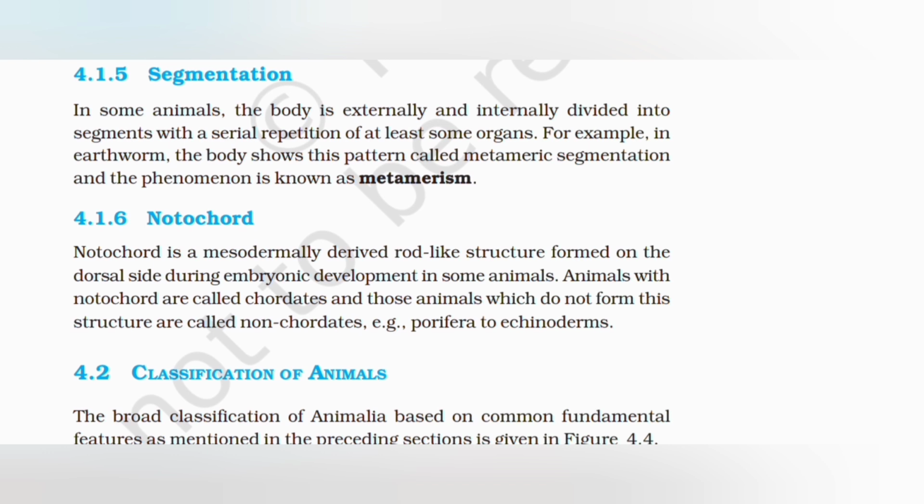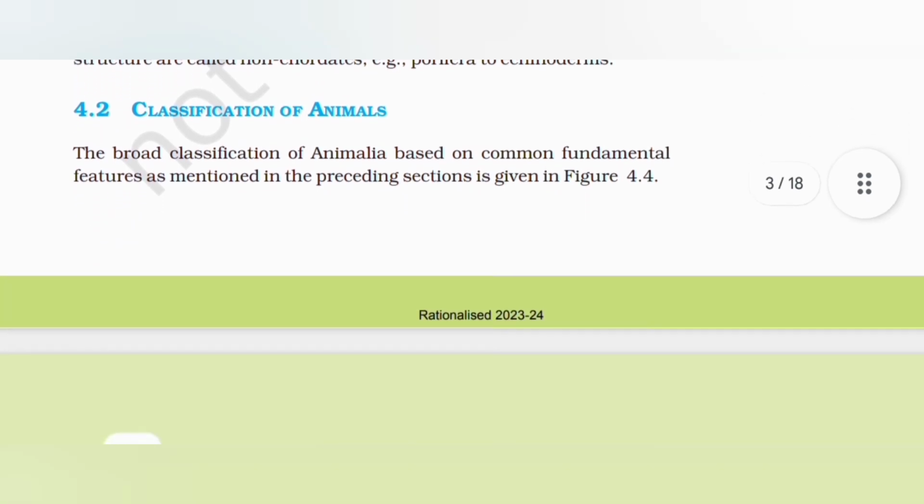Notochord is a mesodermally derived rod-like structure formed on the dorsal side during embryonic development. Animals with notochord are called chordates, and those animals which do not form this structure are called non-chordates. Example: Porifera to echinoderms.